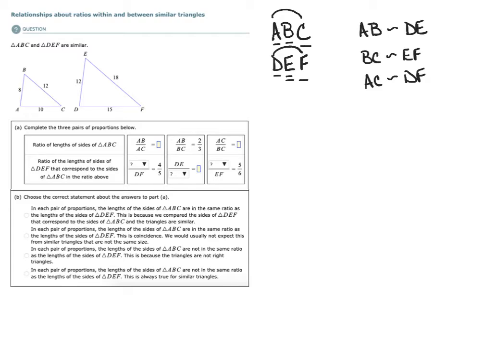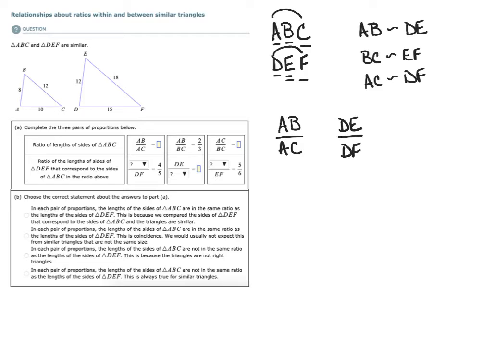Now that we know which sides correspond to which other side between the two triangles, we can start putting these together in part A of our question. So the first one is AB to AC. We know that that is going to line up then. AB corresponds to DE, and AC corresponds to DF.